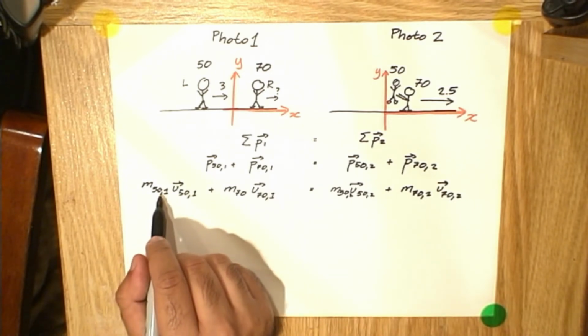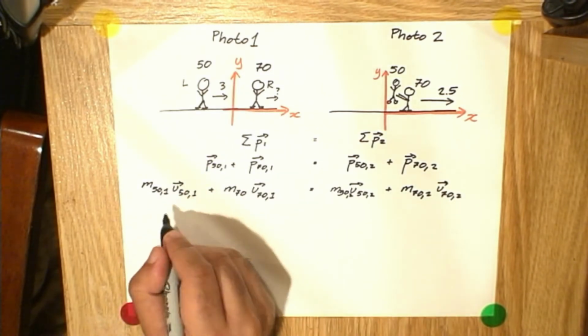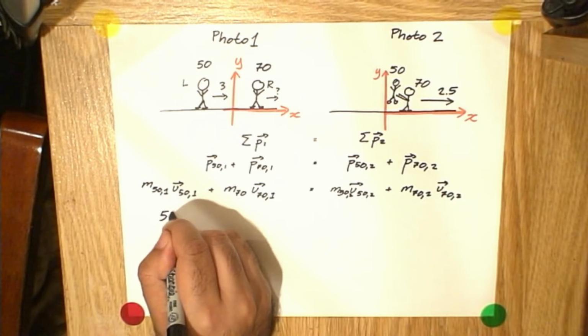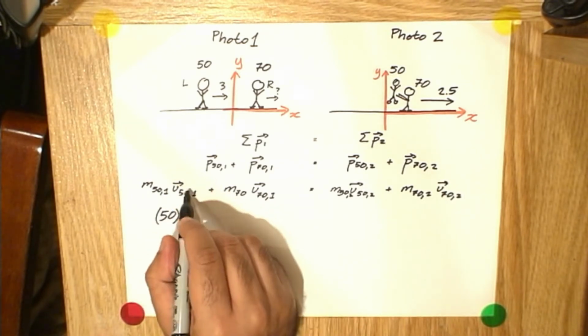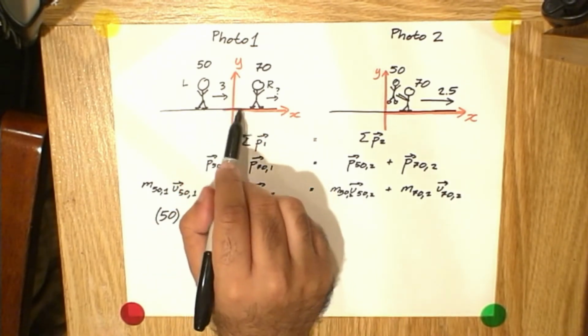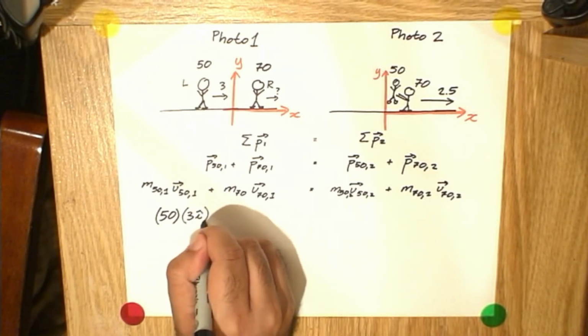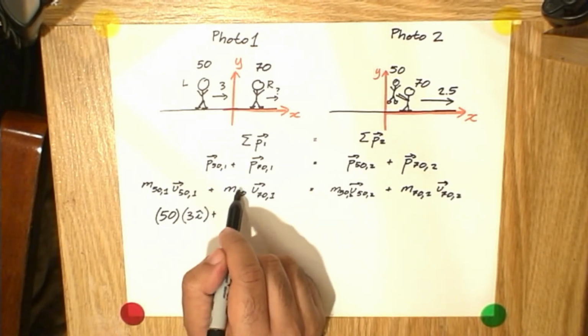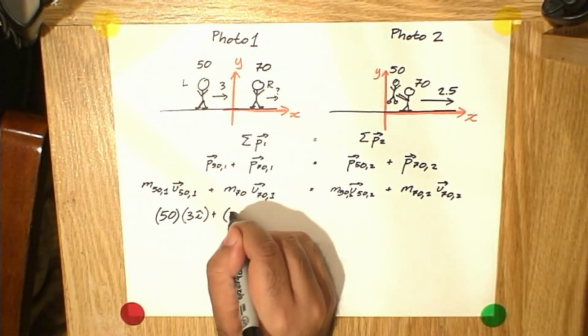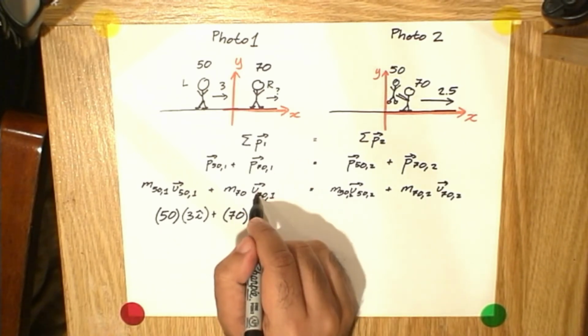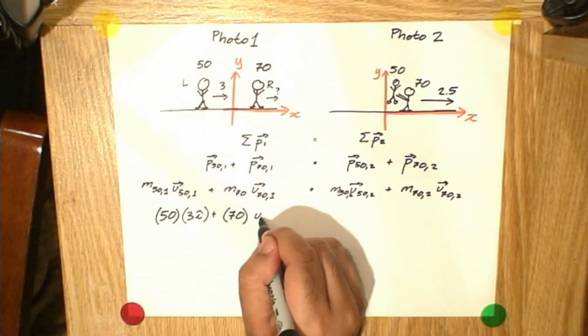The mass of the 50 kilogram skater in both photos is of course 50 kilograms. Her initial velocity was 3 meters per second rightwards. That would be 3 i hat. Plus the mass of the 70 kilogram skater, that's 70, times their velocity, which is initially unknown.